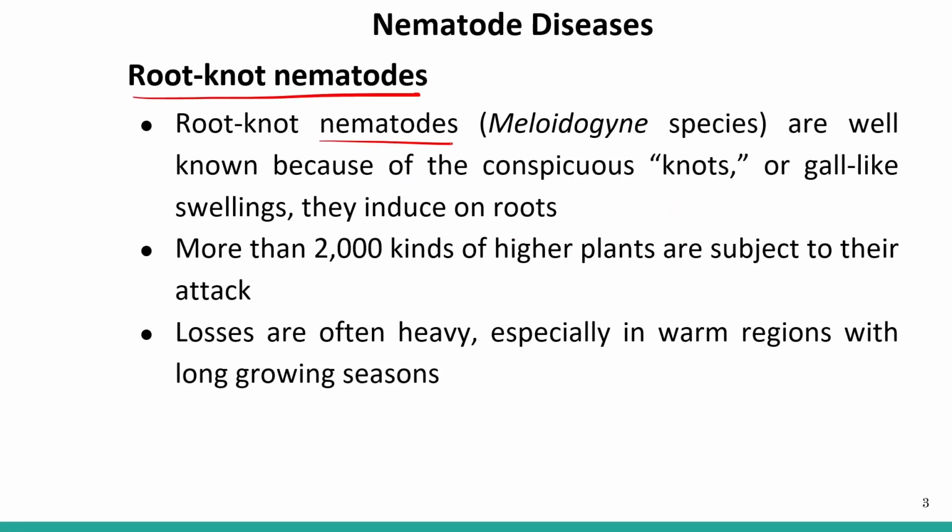The root knot nematode, that is Meloidogyne species, is well known because of the conspicuous knots or gall-like structures or swellings that they induce on the roots. The Meloidogyne species produce knot or gall-like swellings.